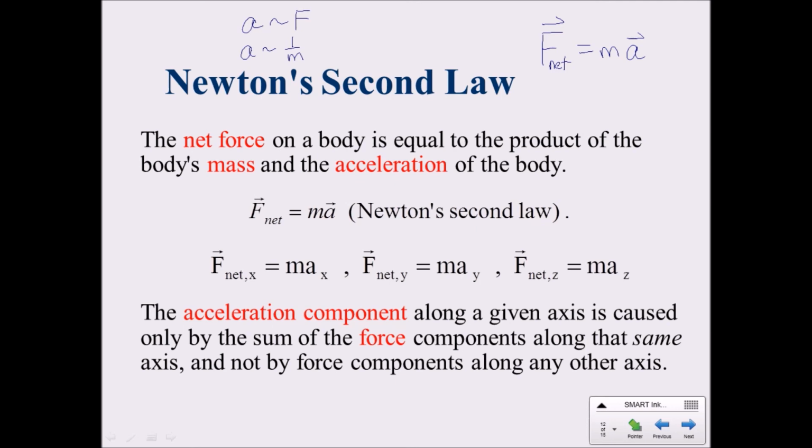And if we have things in the correct units, so force is going to be measured in newtons, mass will be measured in kilograms, and acceleration will be measured in meters per second squared, we have that the net force, the total force, equals the mass of the object times the acceleration of the object. Again, net force means the total force. That's all the forces added together.